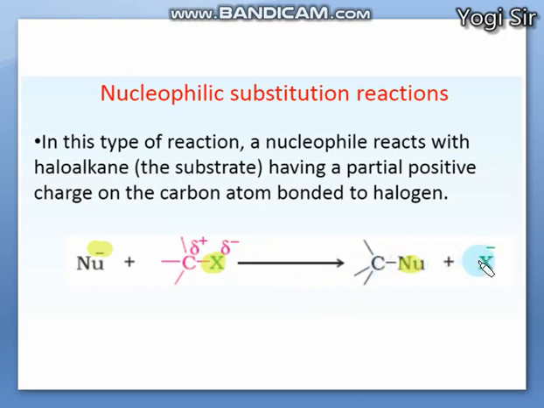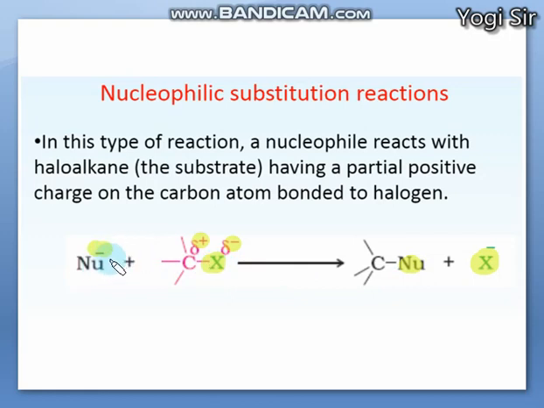And it will displace this halogen atom. This reaction is due to, as we have studied in the nature of the C-X bond, carbon being partially positively charged and halogen partially negatively charged. So the bond is polar in nature, and this negatively charged nucleophile can easily attract to this positively charged carbon atom and displace this halogen.